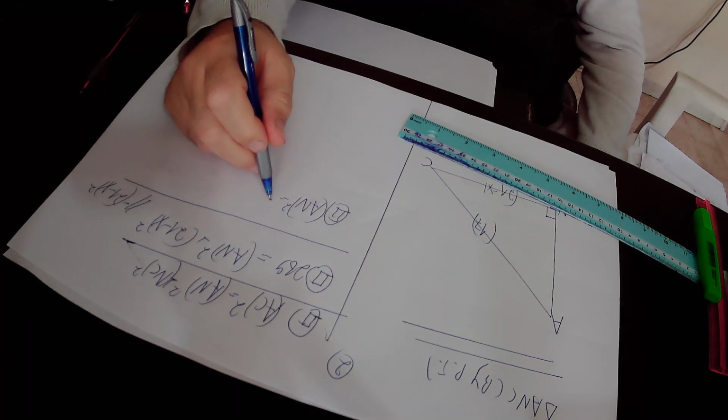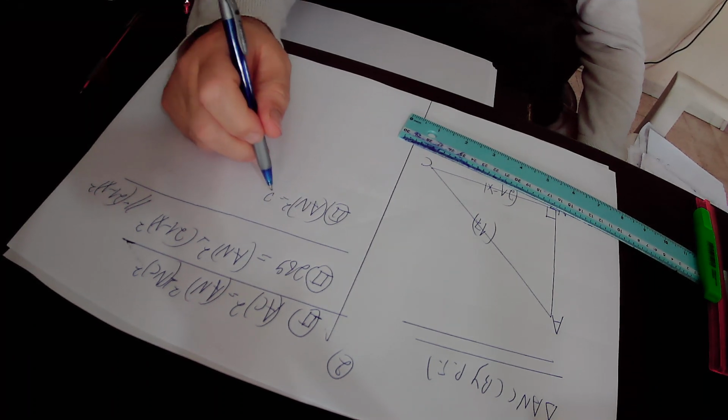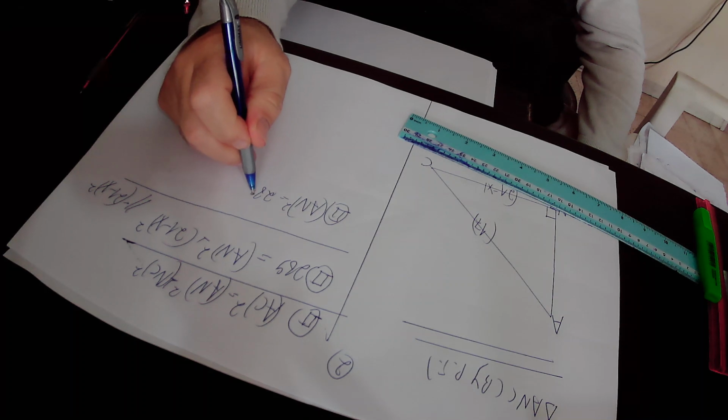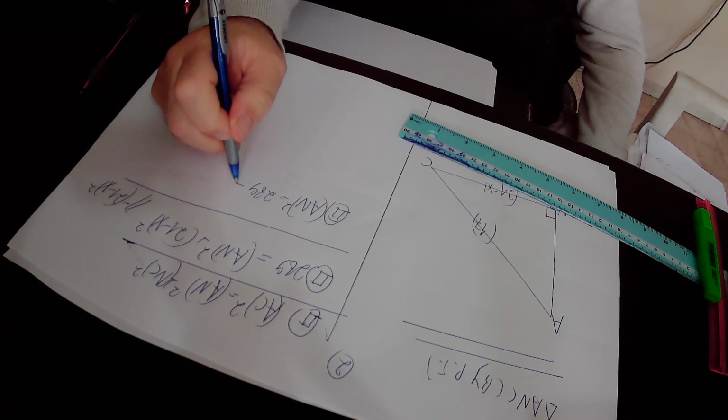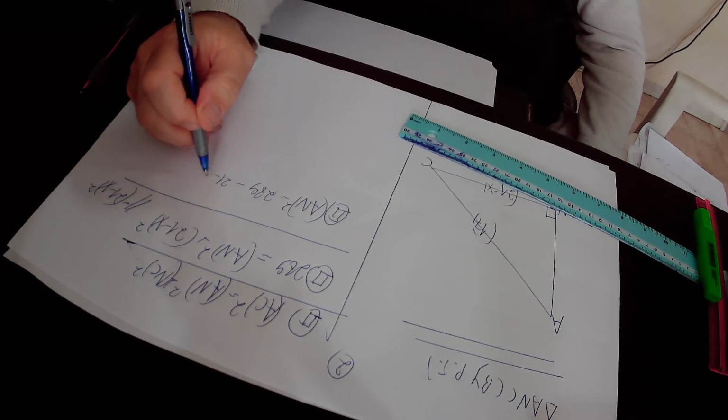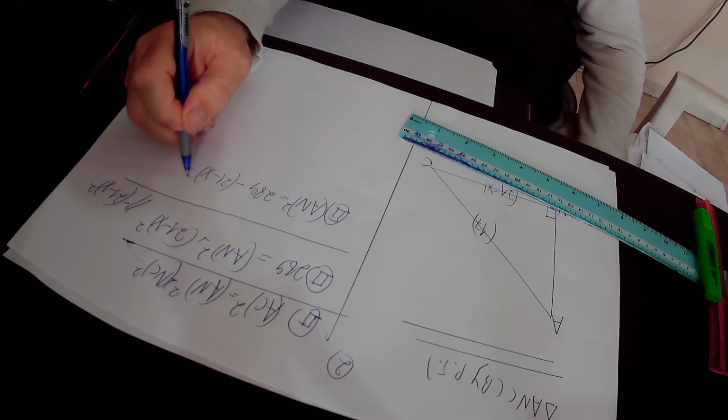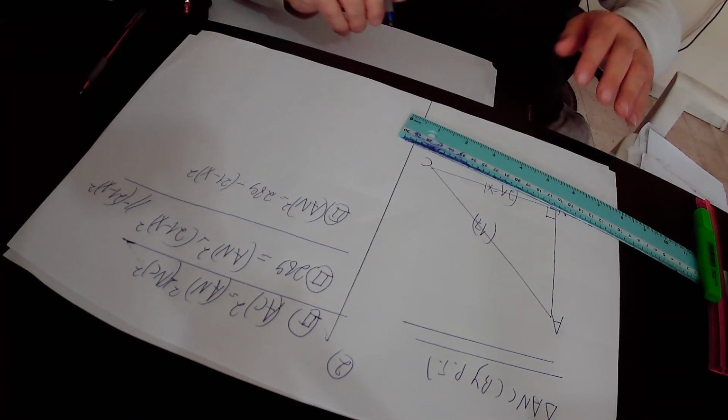equals 289 minus (21 minus x) squared. This is according to equation 2.